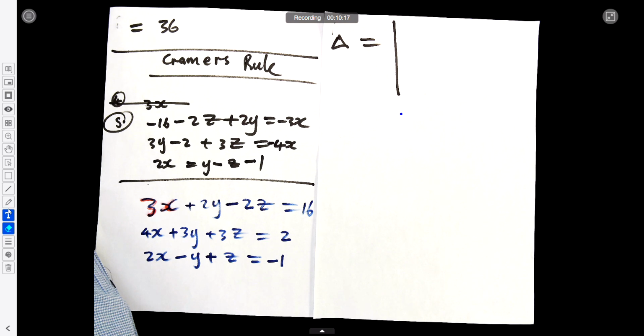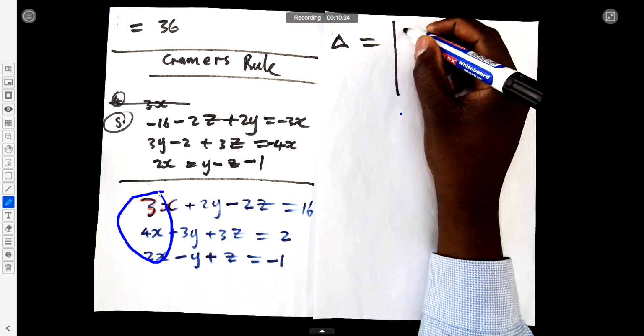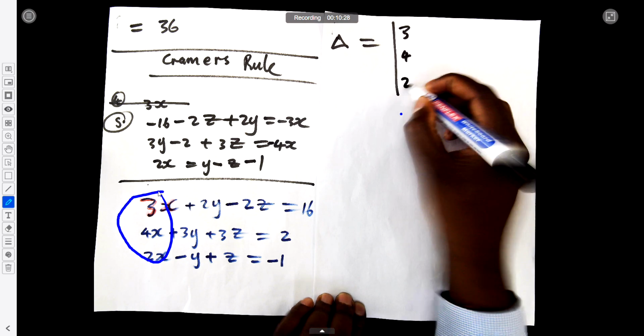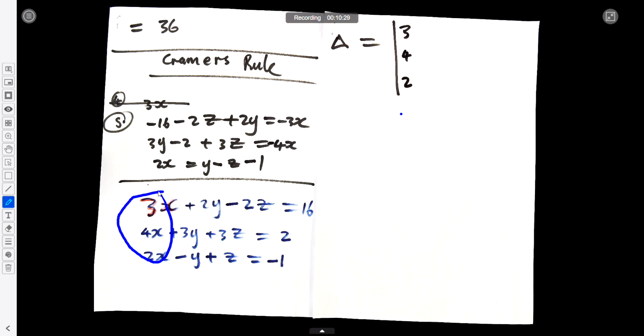I want to take the coefficients of x, they will be in the first column. So which means we have 3, 4, and 2.